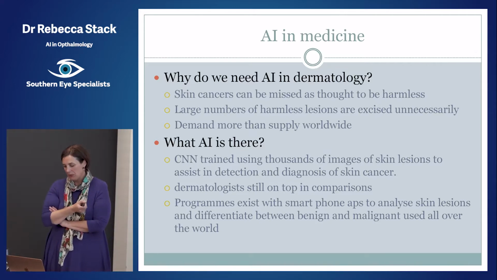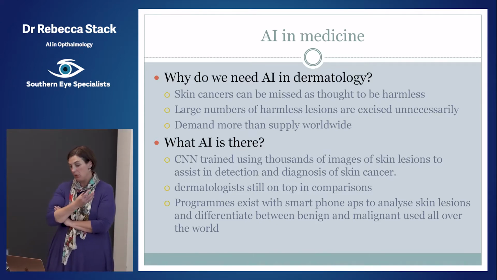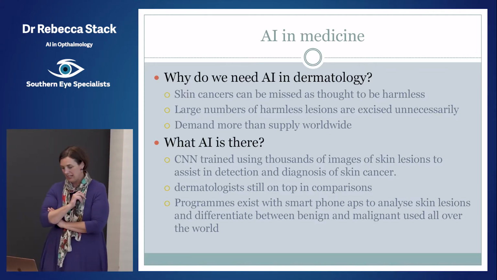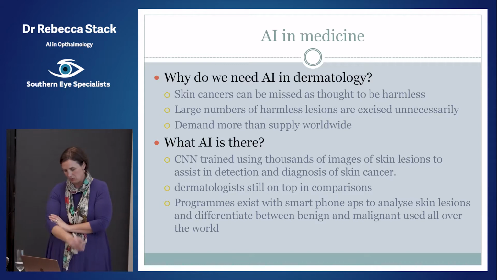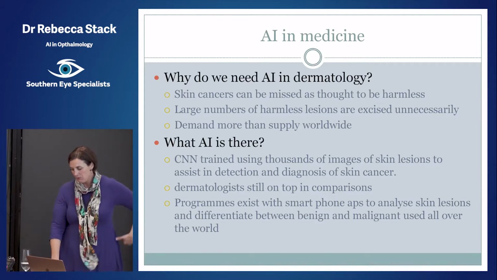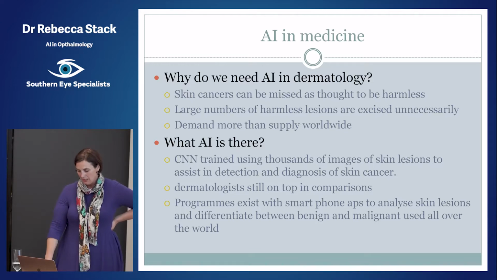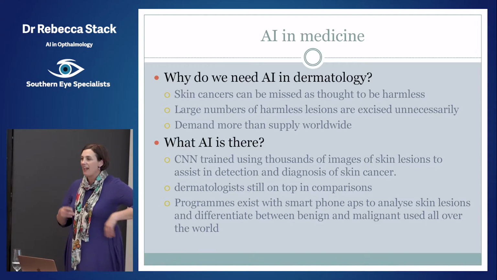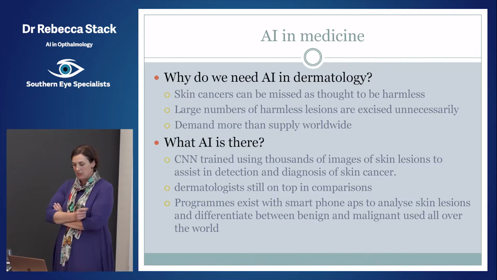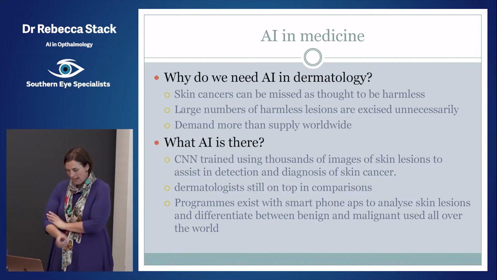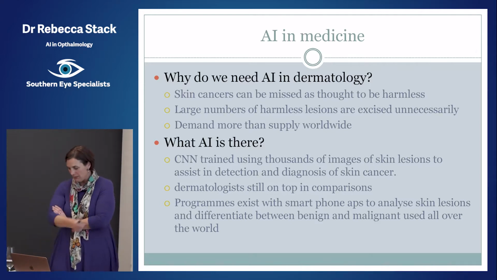So how does it work in dermatology? We often miss skin cancers because we think they're harmless, or we do biopsies or take out lesions that are harmless when we shouldn't need to. There's also far more demand than there is supply worldwide for almost everything in medicine. So these neural networks have been trained using thousands and thousands of images of skin lesions to be able to assist and detect the diagnosis of skin cancer. However, the dermatologists are still coming out on top.